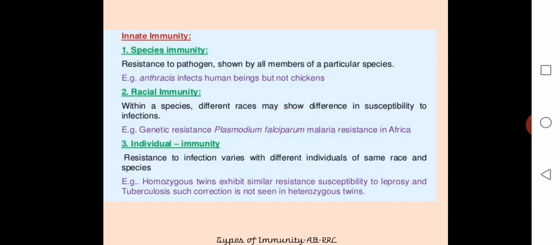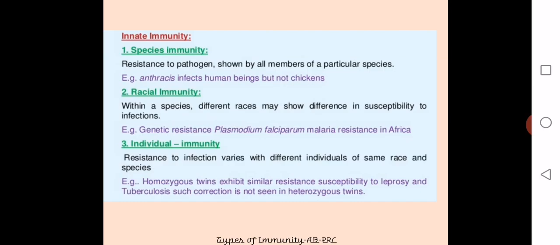Then within a species or even within a race, even though all other things are common, individuals will be different in terms of their resistance capacity. This is what we call individual immunity. This is the resistance to infection which varies with different individuals of the same race or species, which is called individual immunity, right?